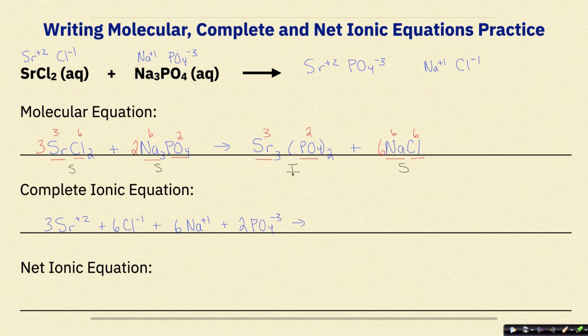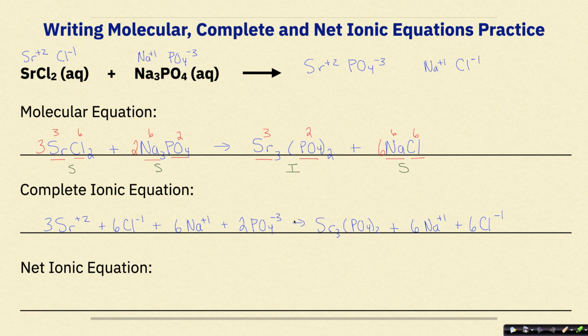And then my insoluble product, my solid, I'm going to keep all together. So Sr3(PO4)2 is my solid plus 6Na plus 1 plus 6Cl minus 1.